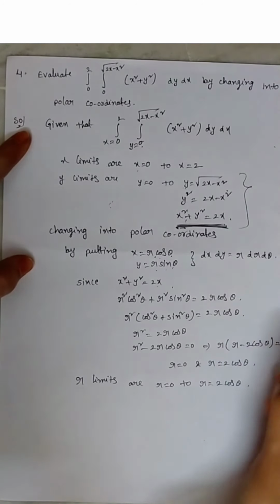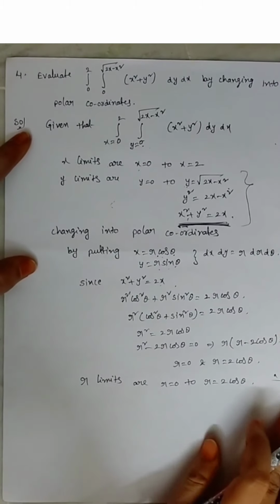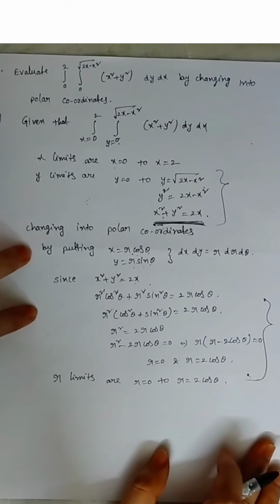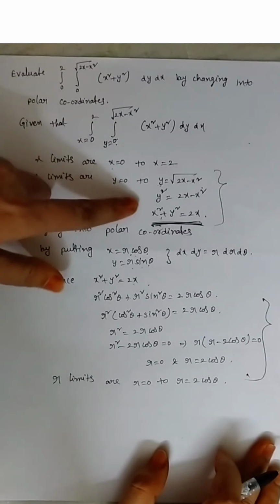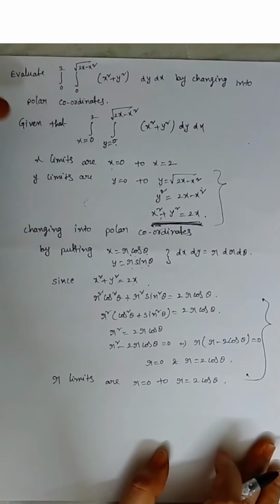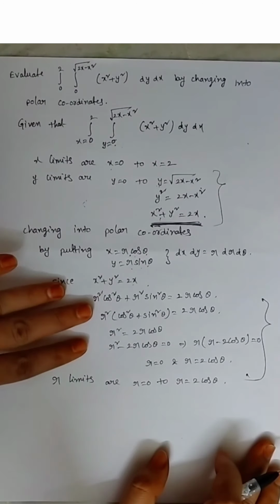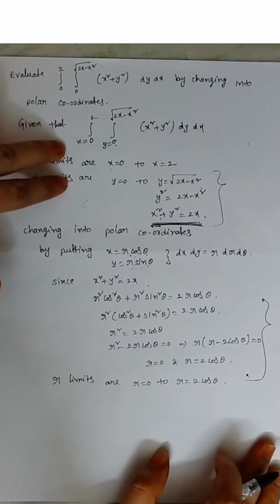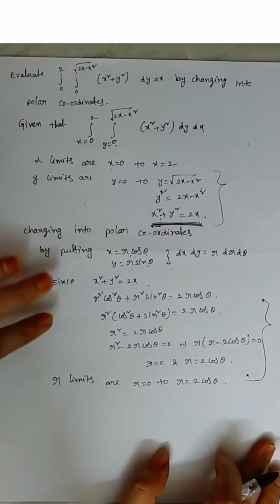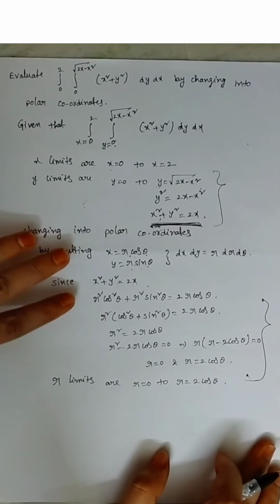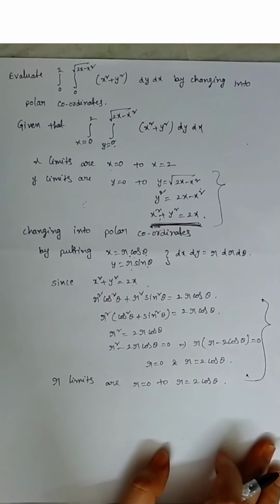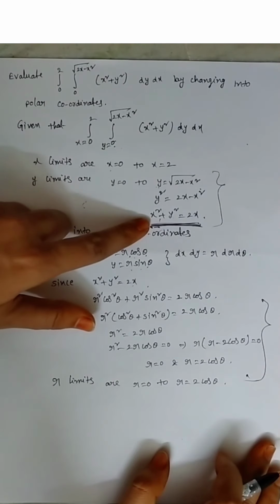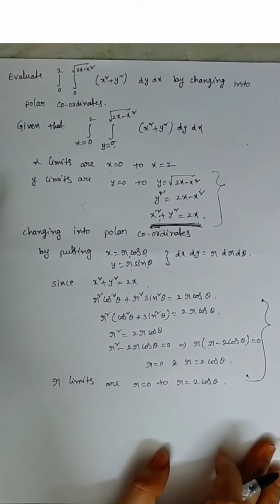I repeat once again how to find the limits. Finding the limits in this problem is different from the previous problems. In the previous problems we may get a circle, or we are able to find the polar limits, r limits or theta limits, from the given x limits and y limits. But here we can't find the r limits directly like in previous problems. Here this is not a circle, directly not a circle: x square plus y square equals 2x.